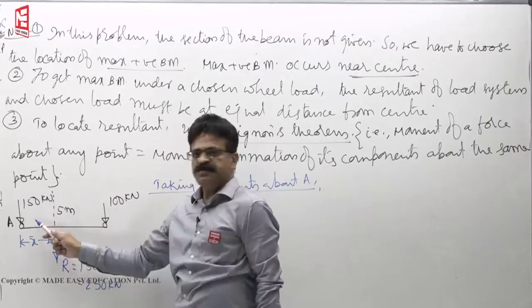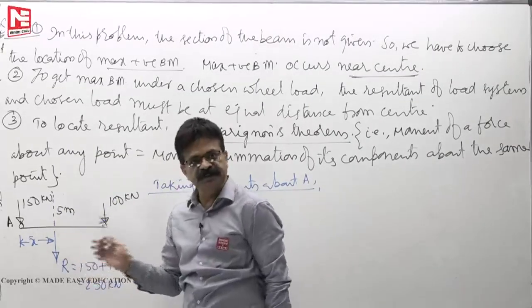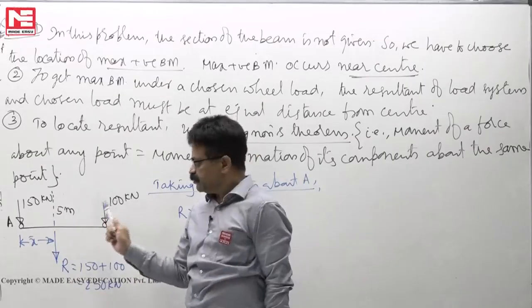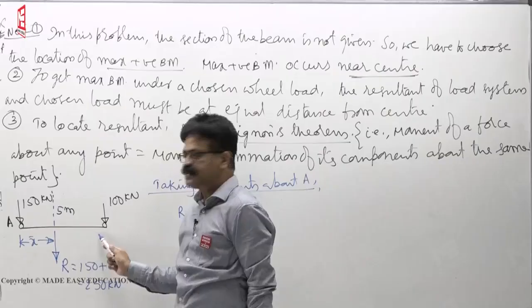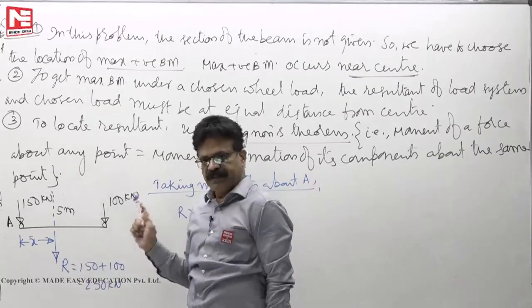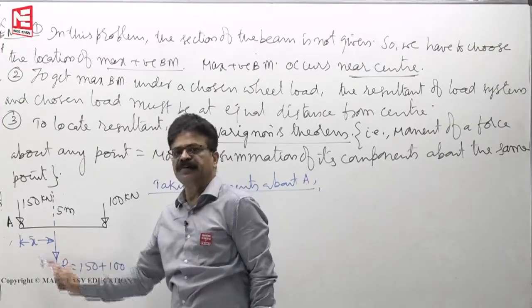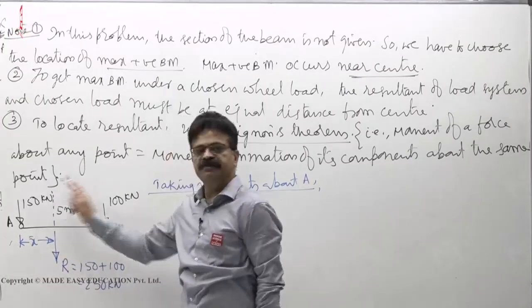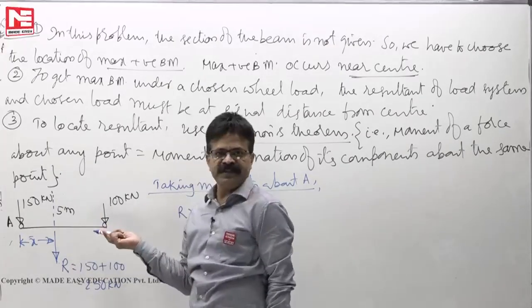These two forces, 150 and 100, are not in equilibrium, is the first understanding. We only want to replace this two-force system with a single force. Then the moment of this resultant about any point, R into x bar, must be equal to the moment summation of its components, because R is nothing but 150 plus 100.